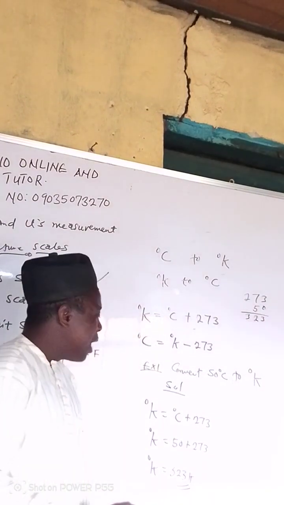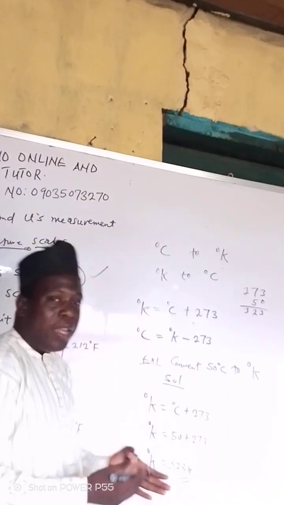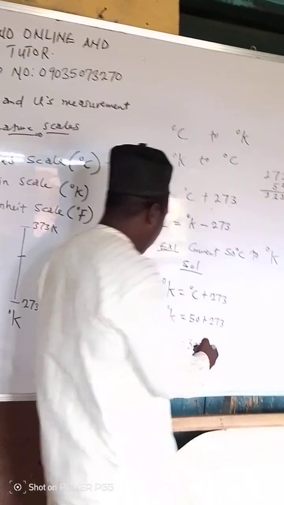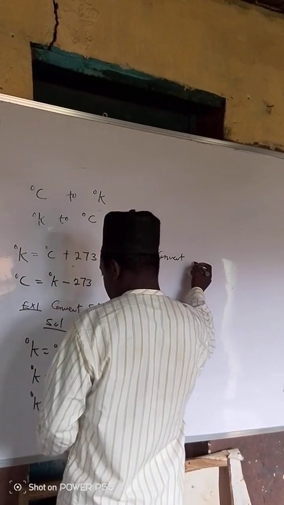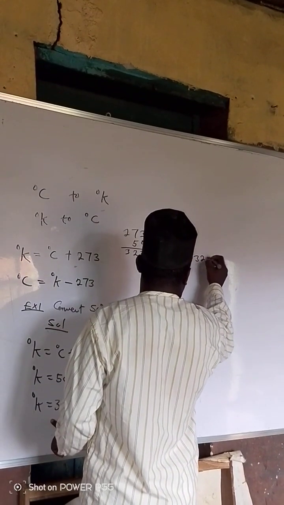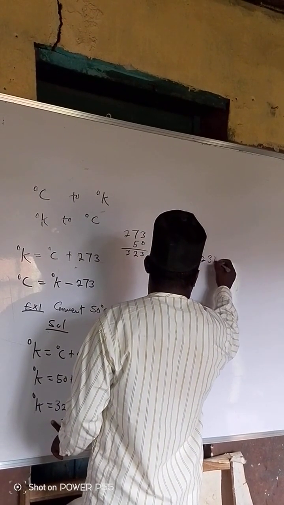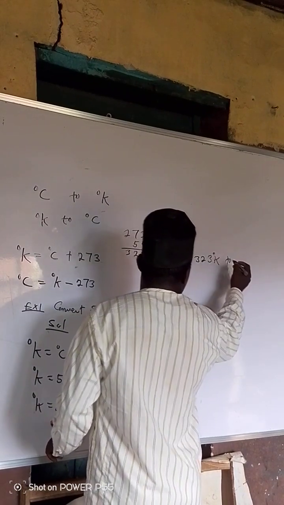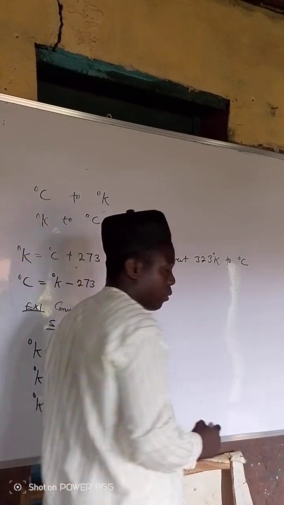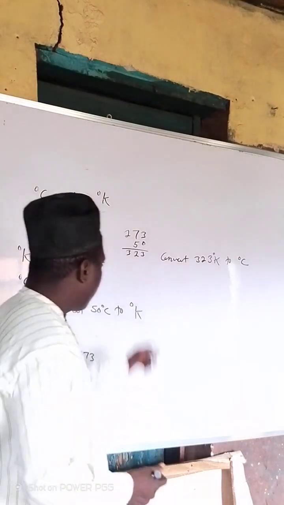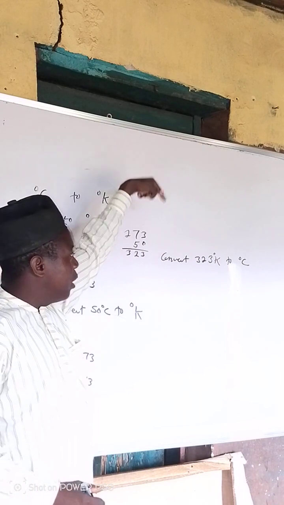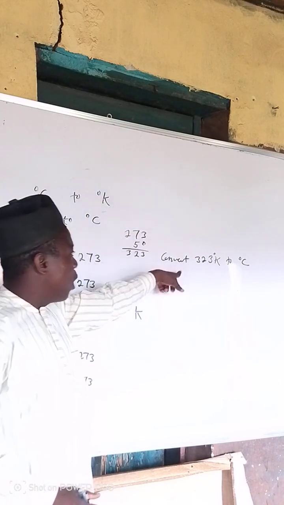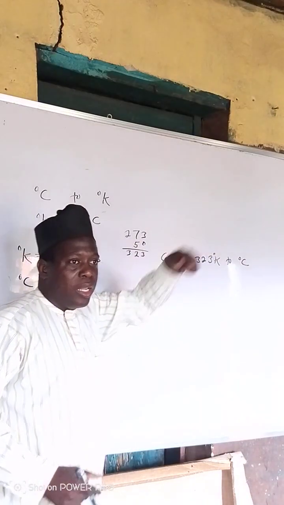323 Kelvin. Now let's do vice versa. Let's assume the question said convert 323 Kelvin to degree Celsius. Are you following me? Now you want to convert from degree Kelvin to degree Celsius.